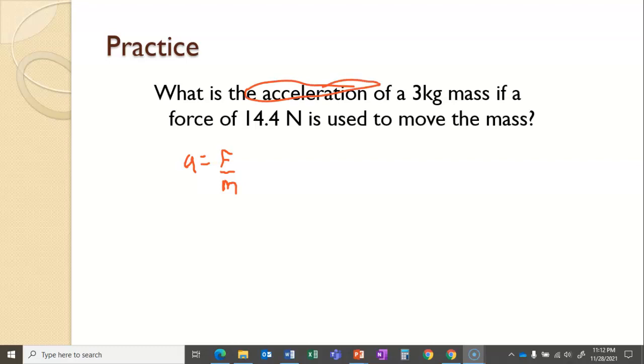So we've got a force of 14.4 newtons. Technically, to do the calculations, that means we have 14.4 kilograms times meters per second squared.